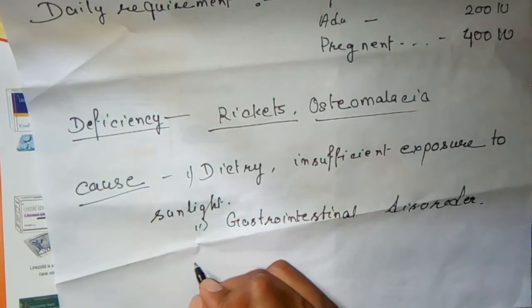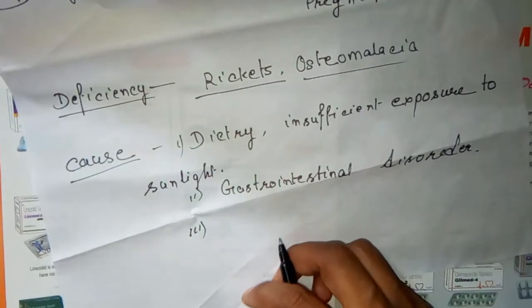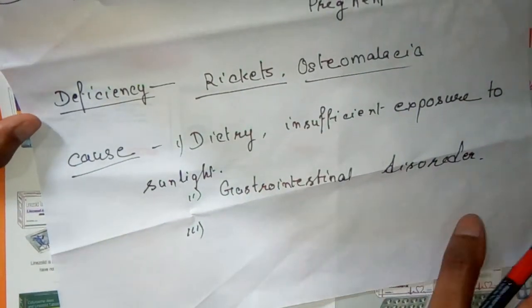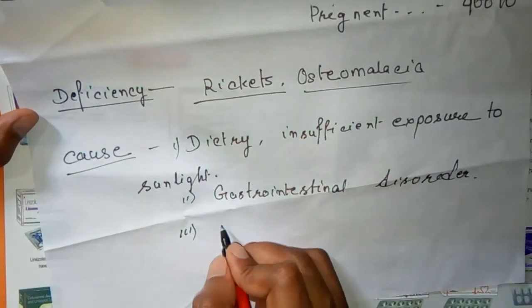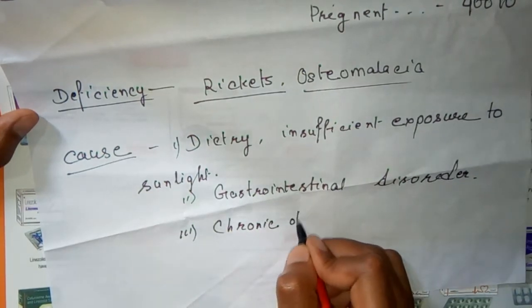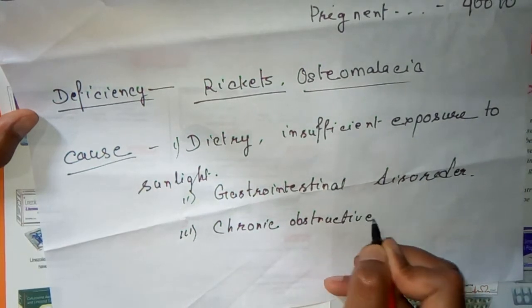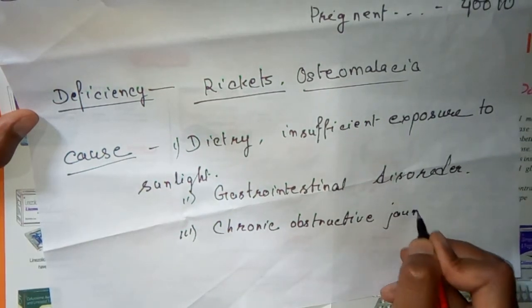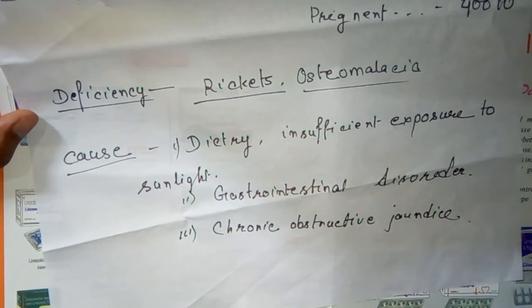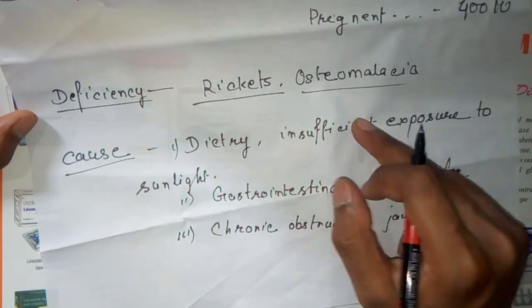And number three is chronic obstructive jaundice. So these are the causes of deficiency of vitamin D.